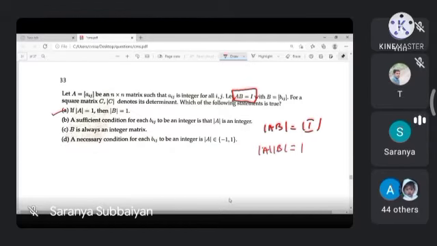Is there any doubt for the first option? No, ma'am. So what is the necessary condition? A sufficient condition for each Bij to be an integer is that determinant of A is an integer. Is it correct? Bij means B matrix.